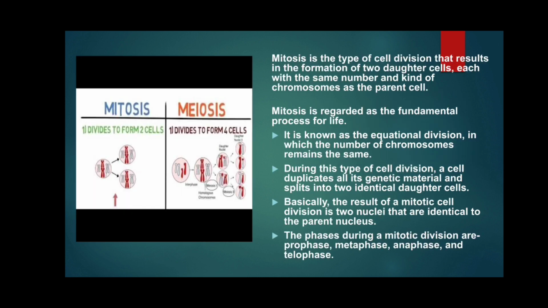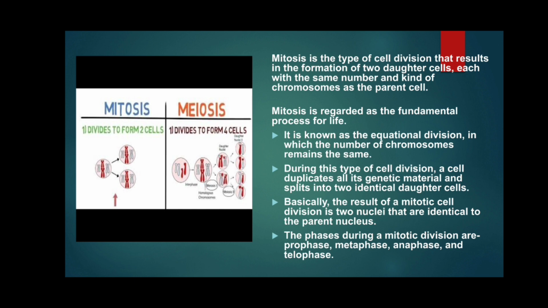This one is an important topic, types of cell division in the cell. So there are two types of cell division. First one is mitosis and second is meiosis. Mitosis is a type of cell division that results in the formation of two daughter cells.